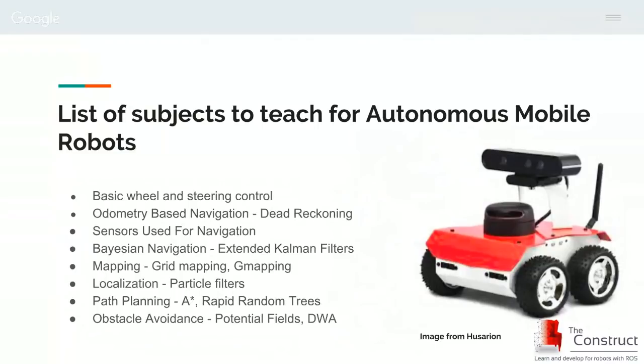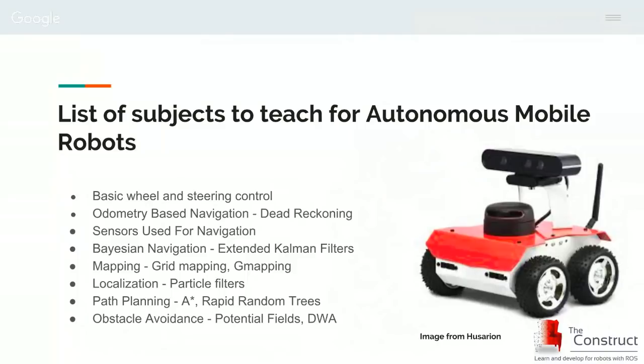This is the list that I am using at present for teaching mobile robot navigation. The first one is basic wheel and steering control algorithms. Then we work on odometry-based navigation, especially dead reckoning algorithms. Then we move into sensors used for navigation, which is very important to understand.